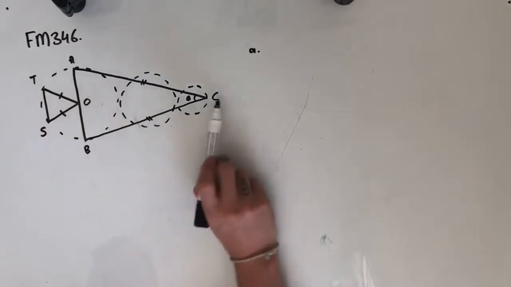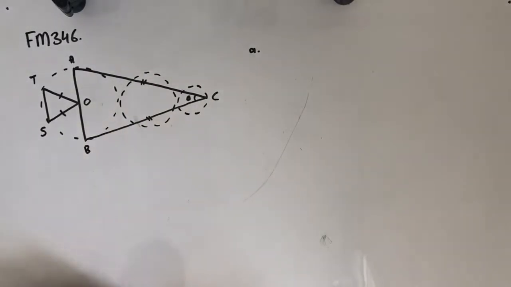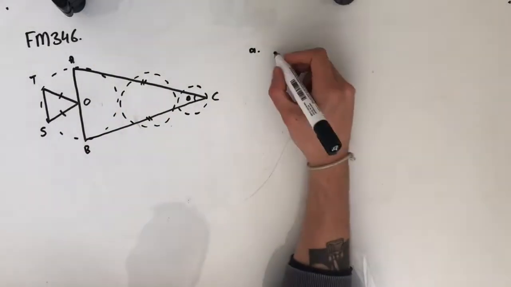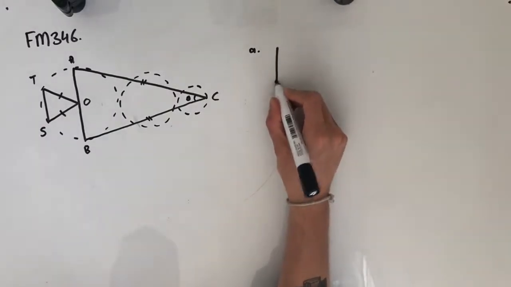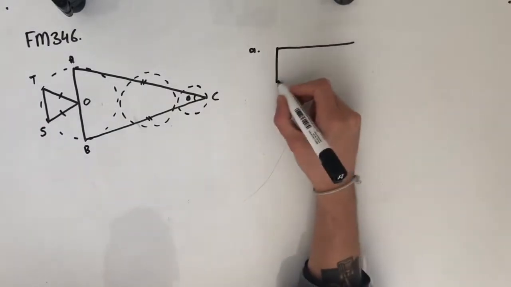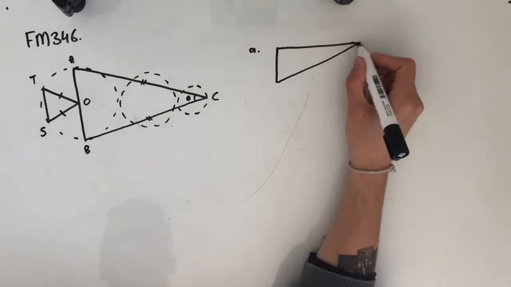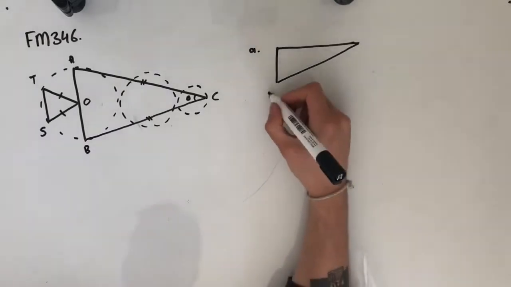So we need to show that the length of this line here. To start this question, I'm going to take a right angle triangle that I can get some more information from.